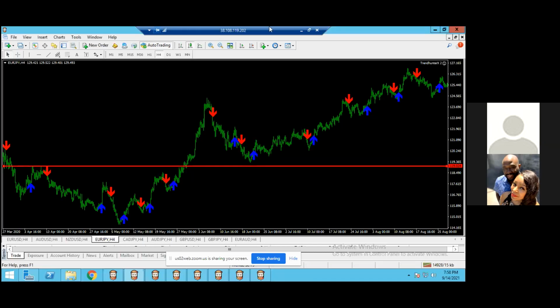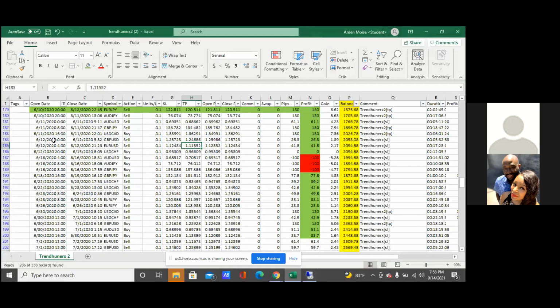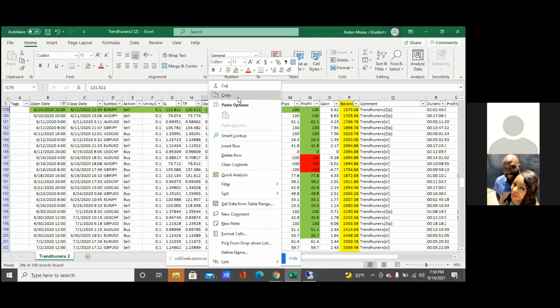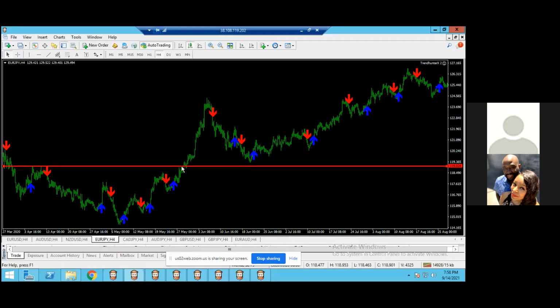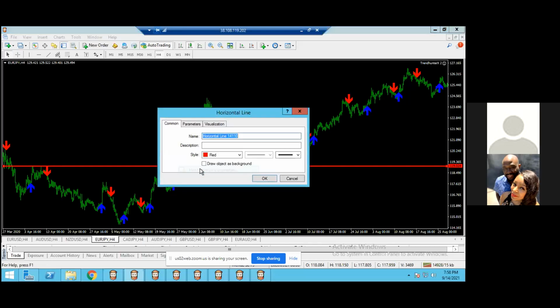Now I just need to find the entry. The entry is here, it opened at 121.11. So I'm just going to take that entry, put it in here to get the exact entry. Parameters.